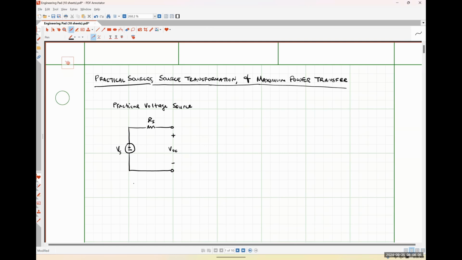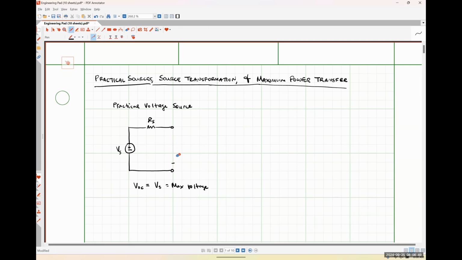So what would our open circuit voltage be equal to? Vs, right? If we open circuit those terminals on the right-hand side, there's no current flowing through the resistor Rs, which means there's no voltage drop across Rs. So according to Kirchhoff's voltage law, the open circuit voltage Voc is simply Vs. This is the maximum voltage that we can ever get out of a practical voltage source.